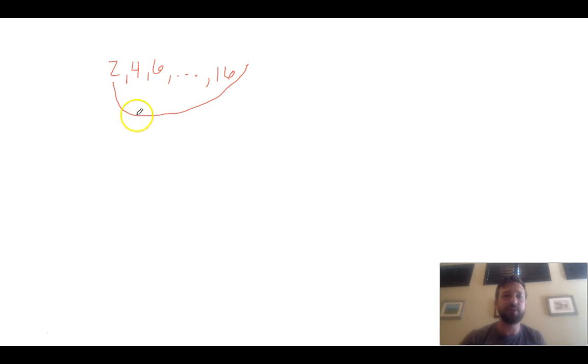Whoa, that line kept going. 2 plus 16, so it'll be 18, because it's the sum of the first and last terms, times the number of terms divided by 2. If you have something like this, the easiest way to find the number of terms is to do 16 minus 2 divided by the common difference, which in this case is 2.